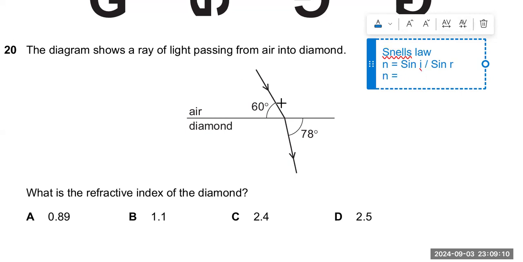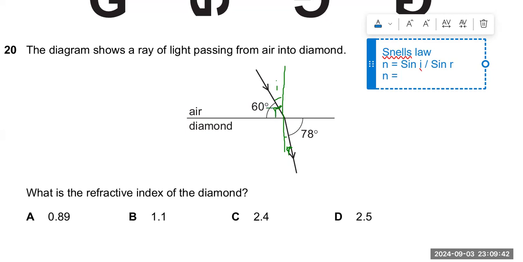You have to measure the incident angle. For that purpose, first of all you have to draw the perpendicular, the normal, on the line where the incident ray touches the boundary of the diamond. The incident angle is always measured with the normal. So this is your incident angle, and this will be your refracted angle. This is the 90 degree angle.